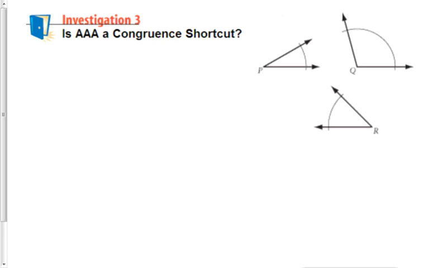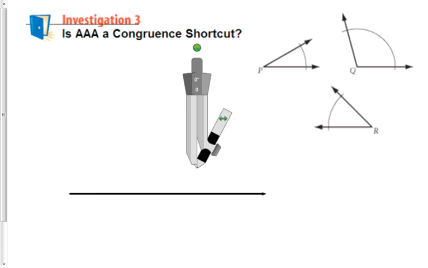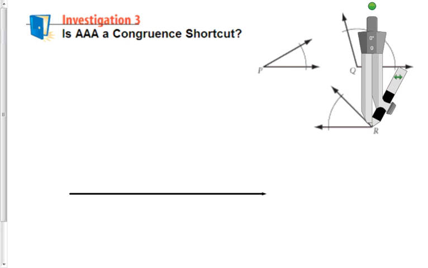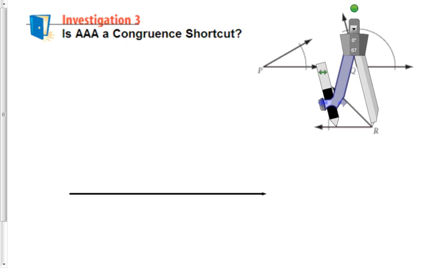Okay, we have one more. I know these are some longer videos, but again, I think they're worth doing with the constructions. So I start with a ray, and I'm going to duplicate each of my angles. So I'm going to duplicate R. So I put my compass up here and measure out to the arc.